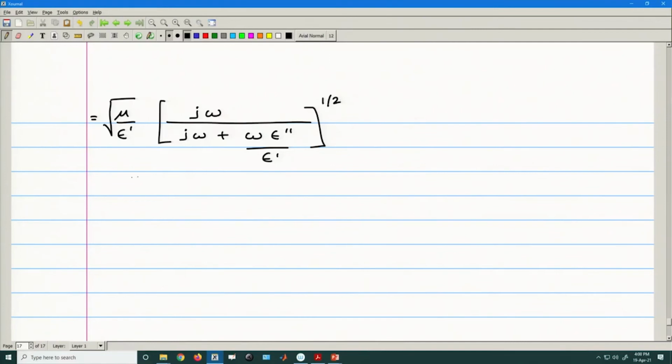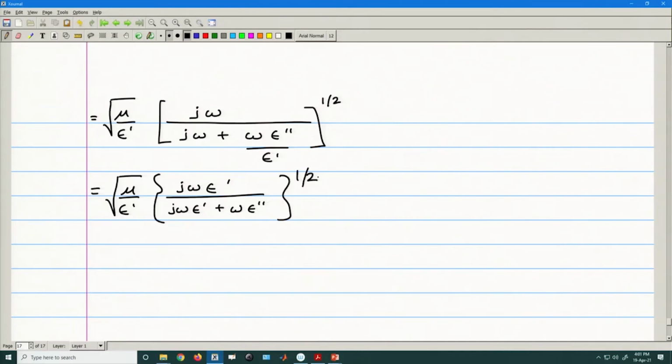On further simplification, we write this one as mu by epsilon prime times j omega, and the epsilon prime from the denominator we are taking up to the numerator. So it will be j omega epsilon prime upon j omega epsilon prime plus omega epsilon double prime, raised to the power half.